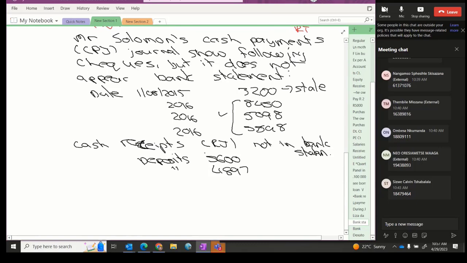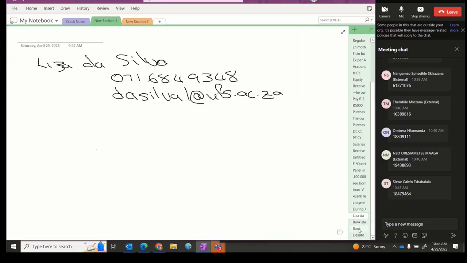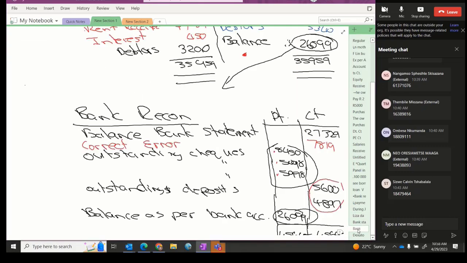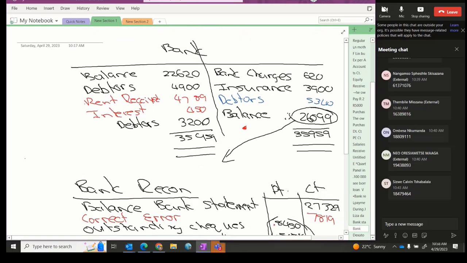Just to go back, because it says your cash receipts journal. So it's in your books. Even if it's cash receipts journal, it's still your bank account. The bank account is just like a summary. The cash receipts journal is actually your debit side of your bank. The cash payments journal is actually your credit side of your bank account.